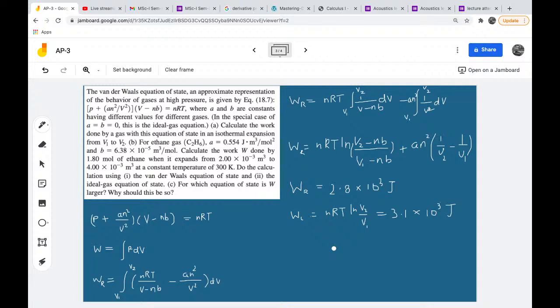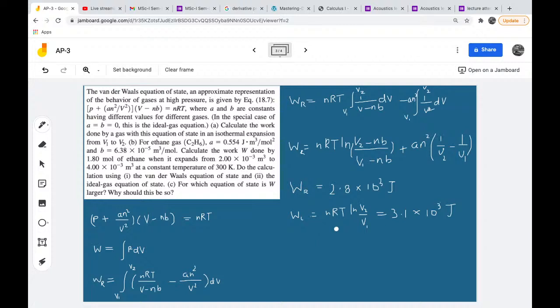Now, which one is doing more work? So obviously, in case of ideal gas, the work done is more, expansion happens more. Remember, work done is a measure of expansion. So in ideal gas, the expansion will happen more.